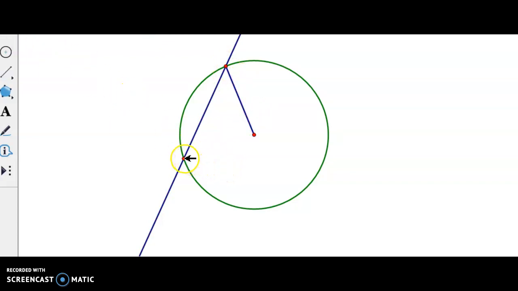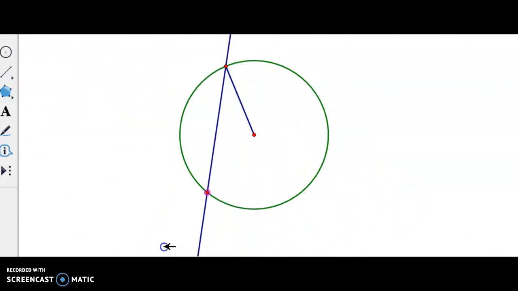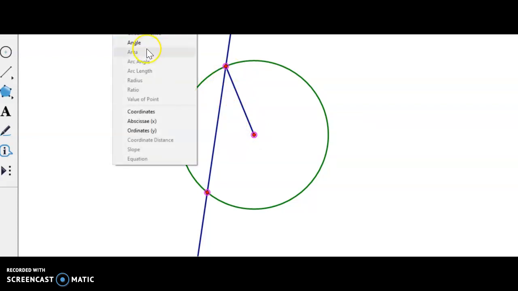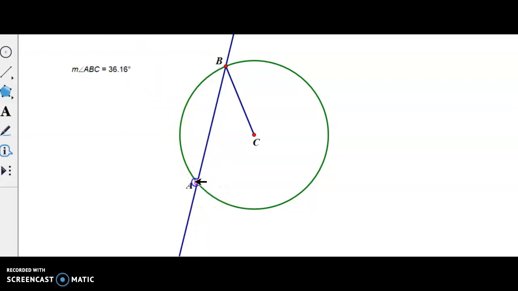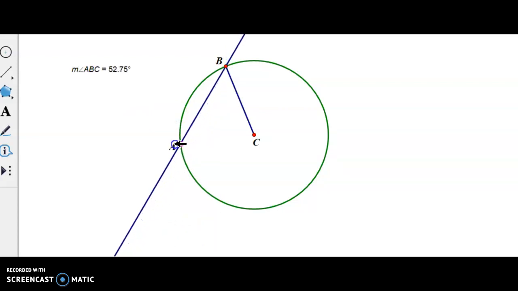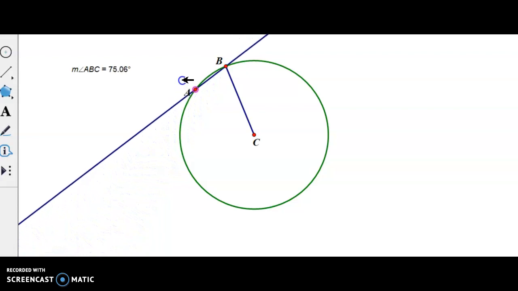Okay, so nothing magical happening there, right? And then the other thing that we want to do is look at the degrees of this angle here. I'm going to measure that angle, and it's going to be called angle ABC. As I go around the circle with point A, notice what happens to that angle. It's getting bigger, bigger, bigger.